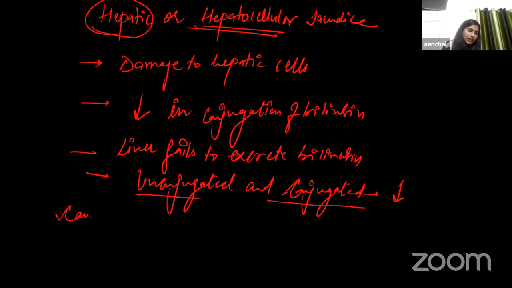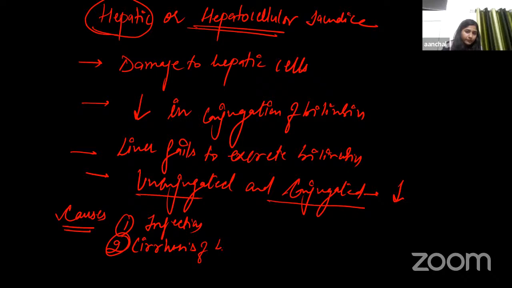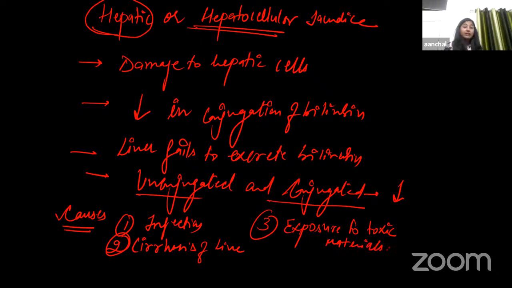And the causes here are in case of infection of the liver, in case of cirrhosis, in case of exposure to toxic material. So these are all the causes of hepatic jaundice.